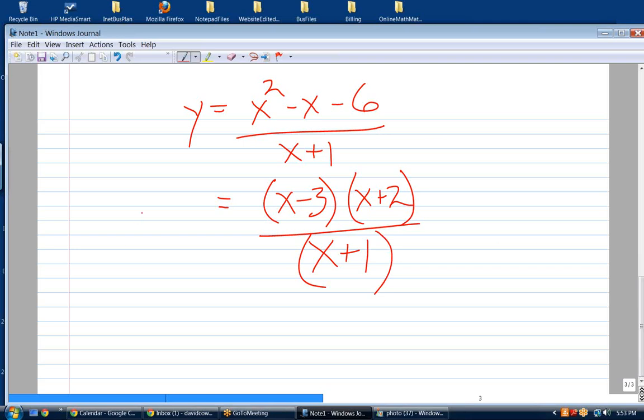So if we go to graph that, where do we start? You always start with your vertical asymptote. So it'd be at negative 1.